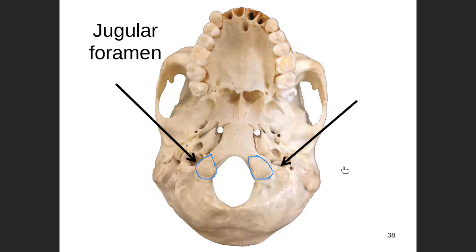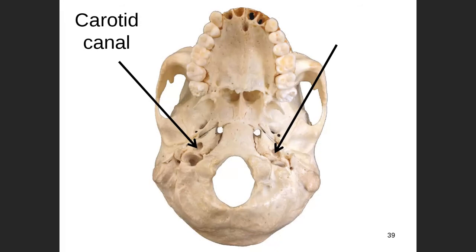So the internal jugular vein will emerge from here and bring blood to the heart. Now we're going to move just anterior up to this hole here and this hole here.